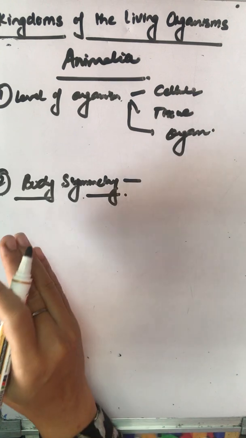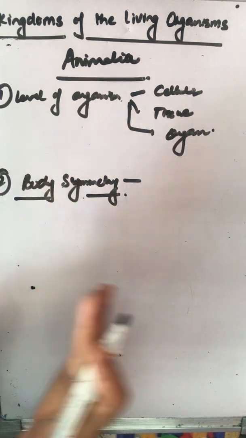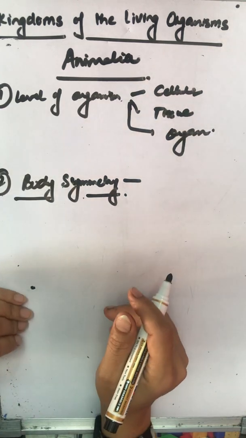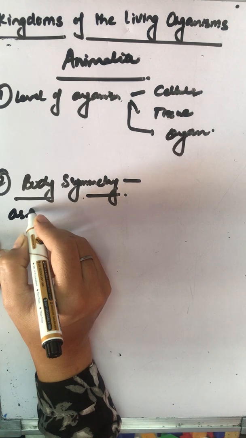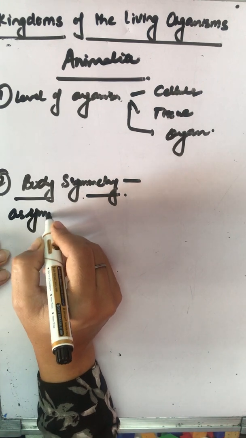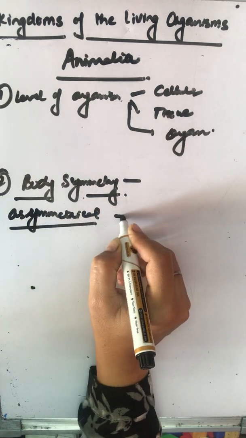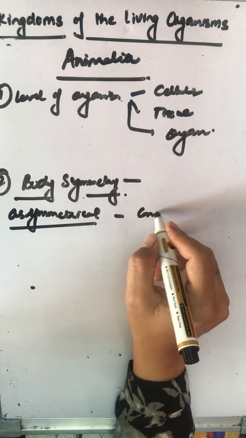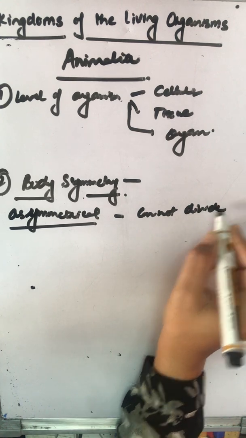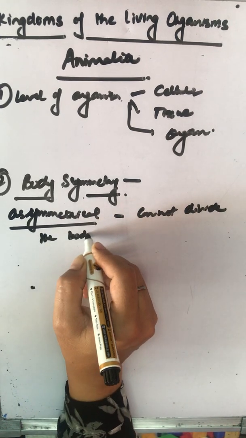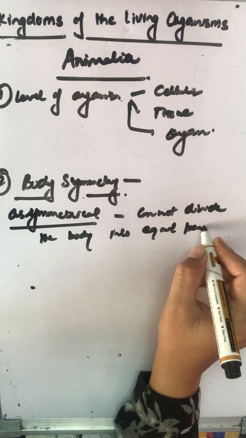And if the body of the organism cannot be divided into equal parts in any plane, we call it asymmetrical. Alright? Asymmetrical, when we cannot divide the body into equal parts.